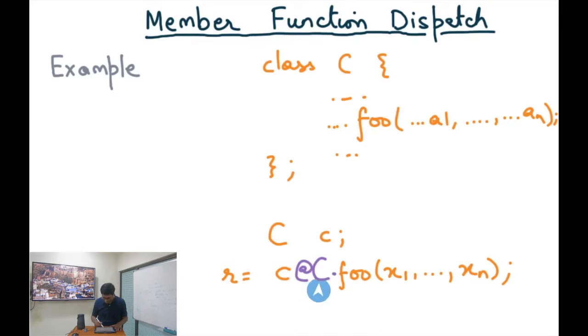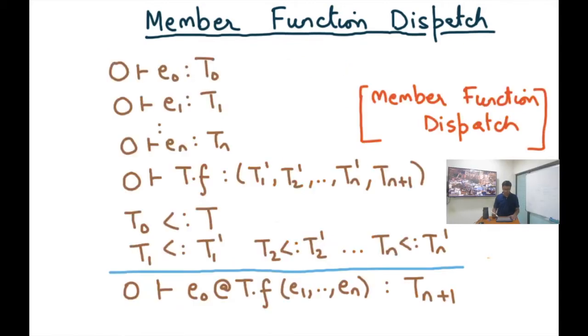Alright, with that disambiguation, now I want to have a typing rule to say how I resolve whether this expression is correctly typed or not, and if it is, what the type of the return value is. So here is the member function dispatch typing rule. It looks very similar to the rule we had for a general, non-member function dispatch. E0 has type T0 under an environment O, and so on.